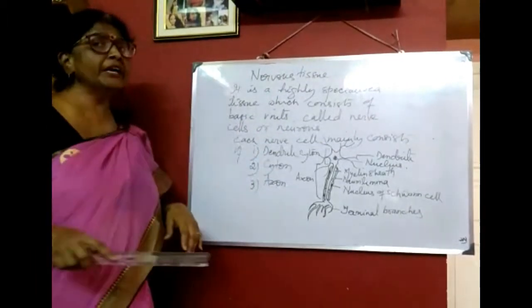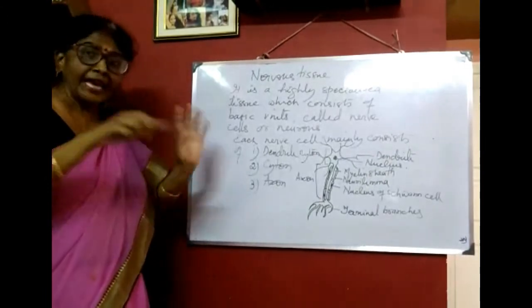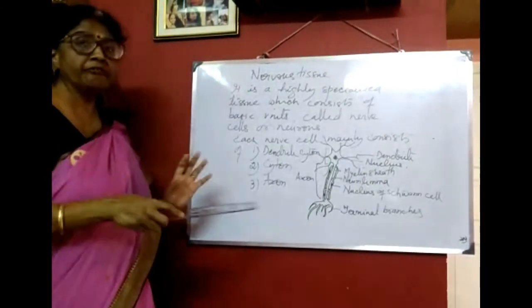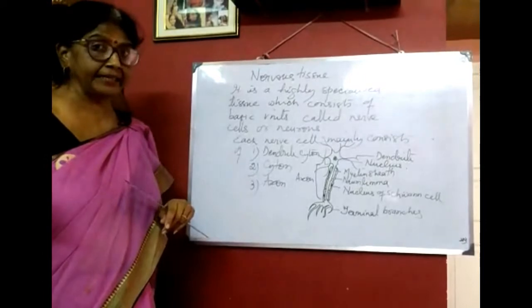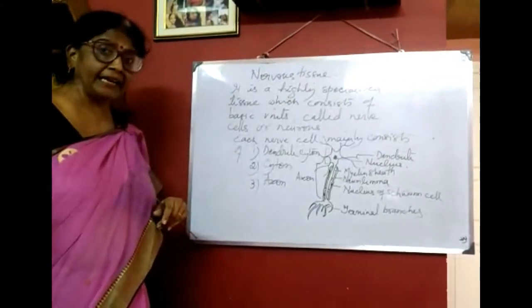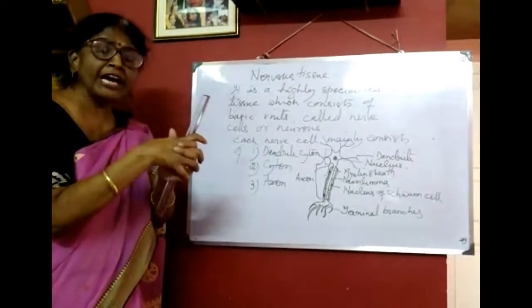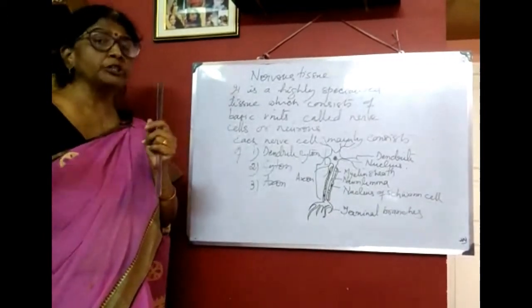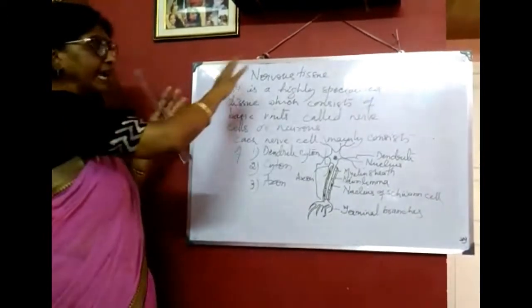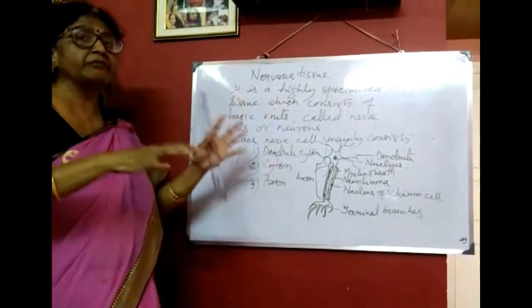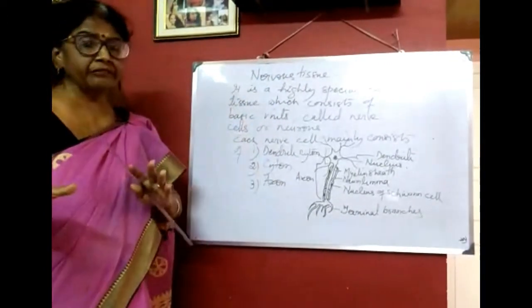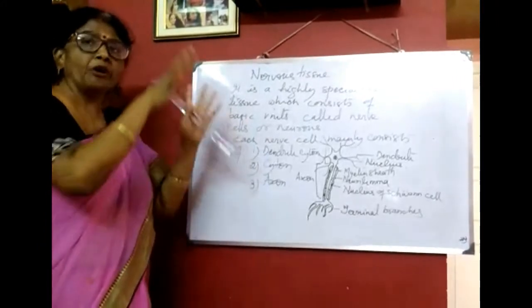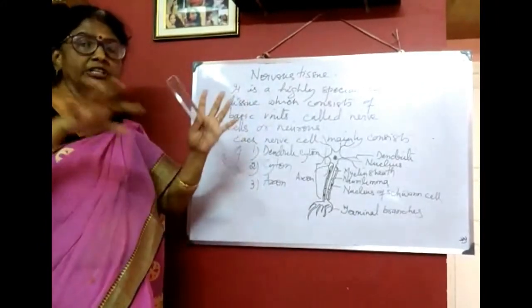Like this, a number of nerve cells together make one ganglion. Number of ganglion, ganglia. A number of nerve fibers together is equal to a nerve. Like this, we can see the total nervous tissue and then the nervous system, which is made up of brain, spinal cord, nerves.